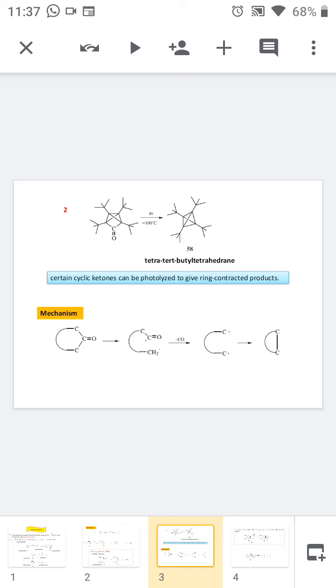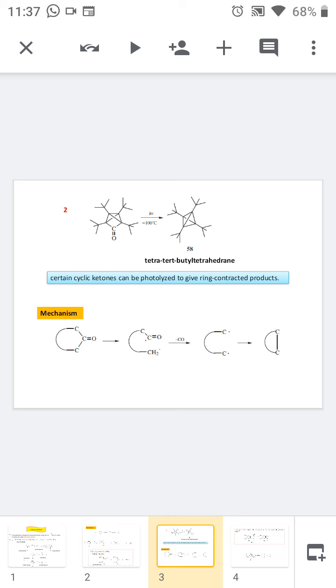So the extrusion of carbon monoxide and carbon dioxide, or any extrusion reaction, is used to reduce the ring size. And here certain cyclic ketones can be photolyzed to give the ring contracted product. Next is the mechanism. See, this is the general mechanism.